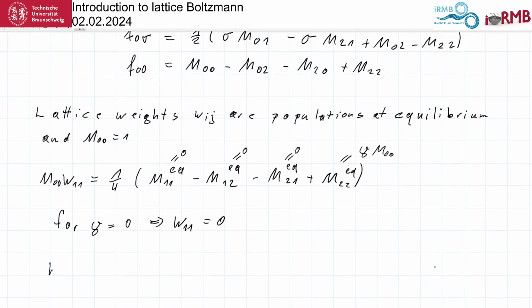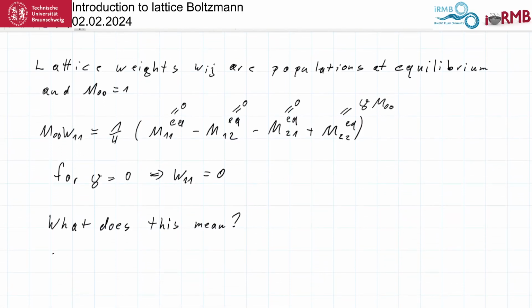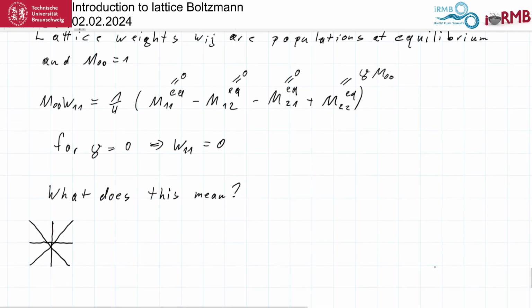Okay, let's look. What does this mean? We have this distribution here, D2Q9, not very well drawn now. And of course there are the different weights.